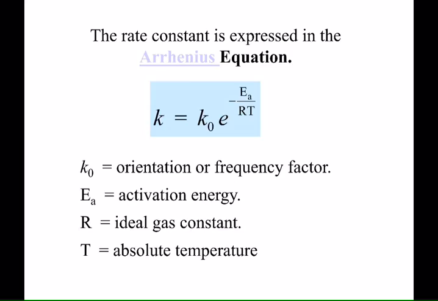And maybe not so surprising, since this seems a little complicated, the T needs to be in units of Kelvin, so don't make that mistake. T needs to be in the absolute temperature scale. So the way this works, I just think this is so cool: this K0 actually covers the orientation part, and the EA covers the energy part.